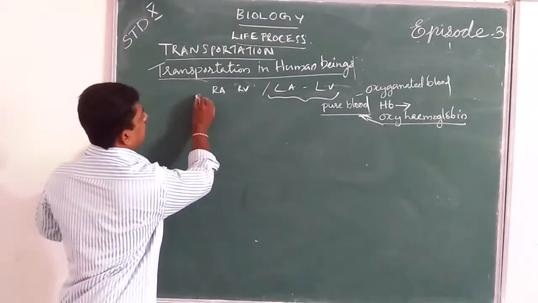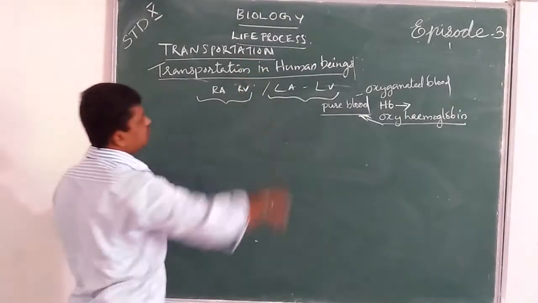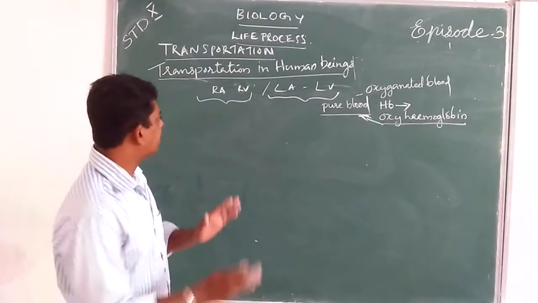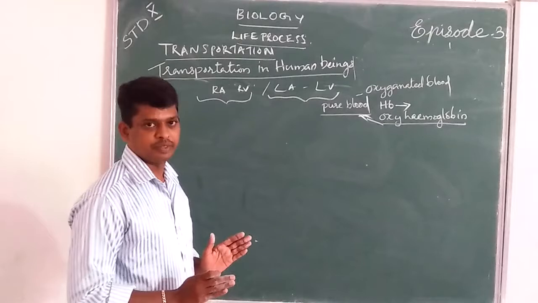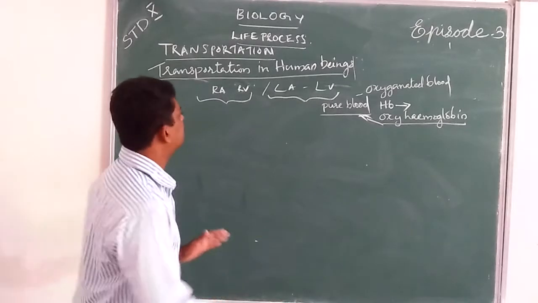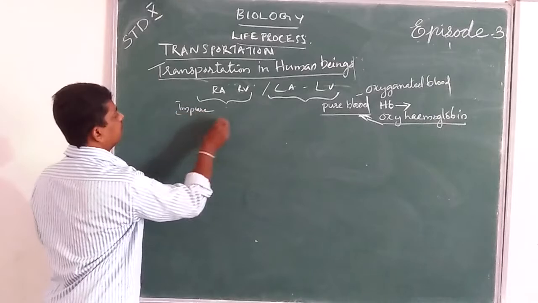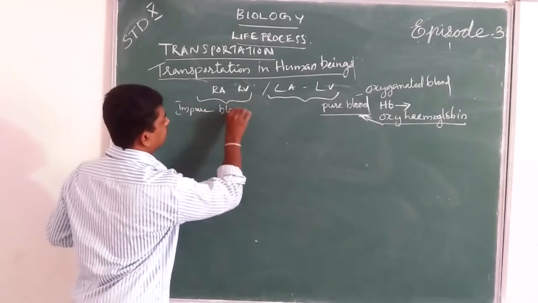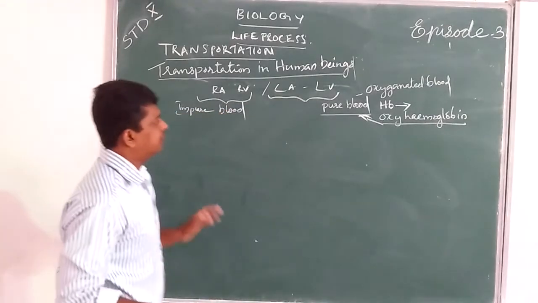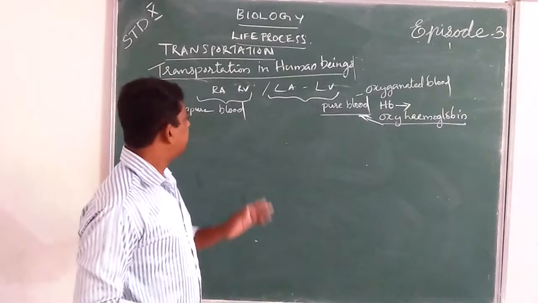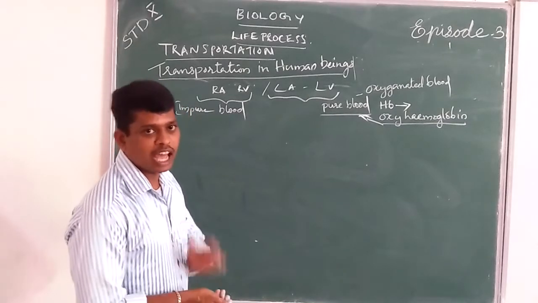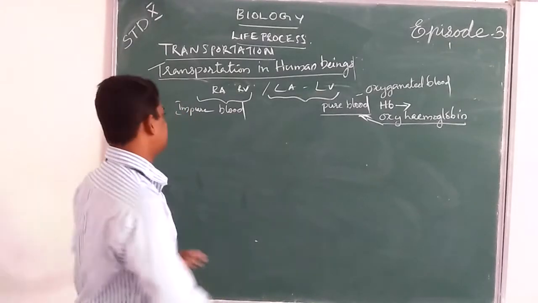And look, right atrium to right ventricle, the right side of the heart, is filled with impure blood. That means deoxygenated blood or carboxyhemoglobinated blood.